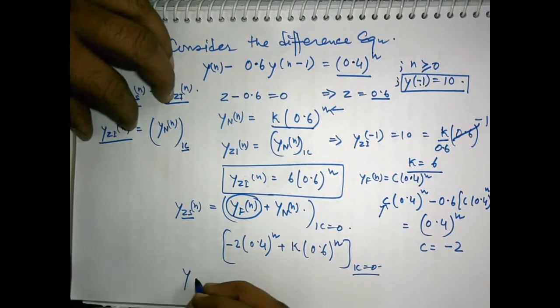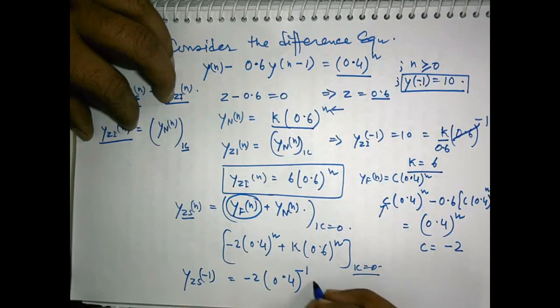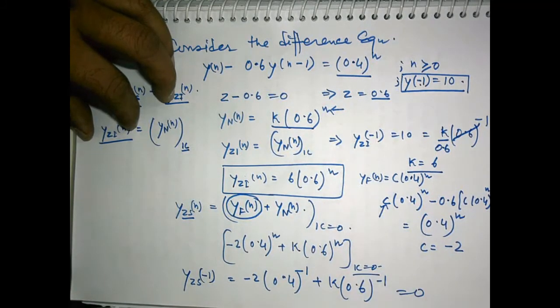So y_zs at n equal to minus 1 equals minus 2 (0.4)^-1 plus k (0.6)^-1 equals 0. This is the system response when the initial condition or state is 0. Okay.